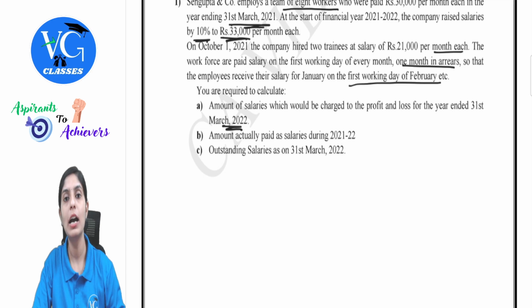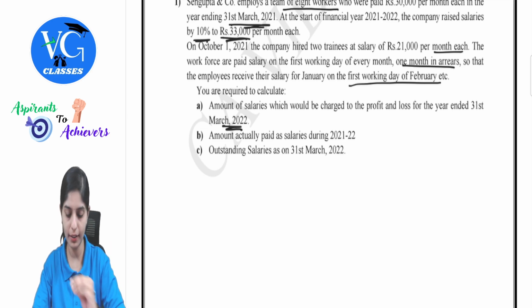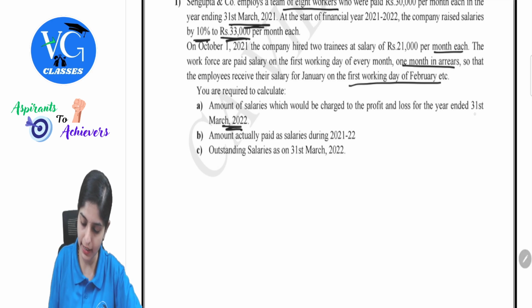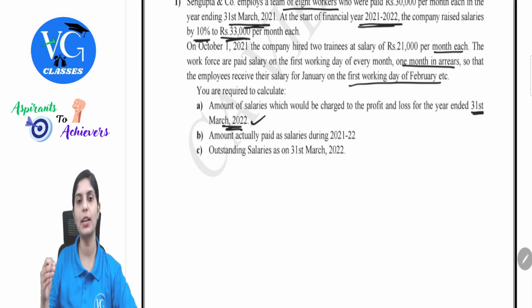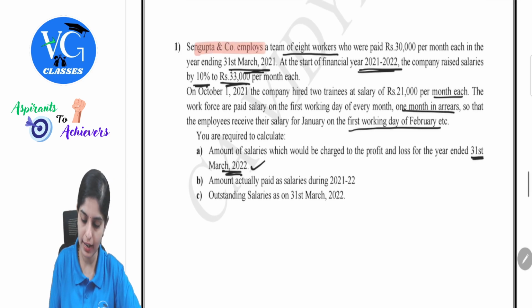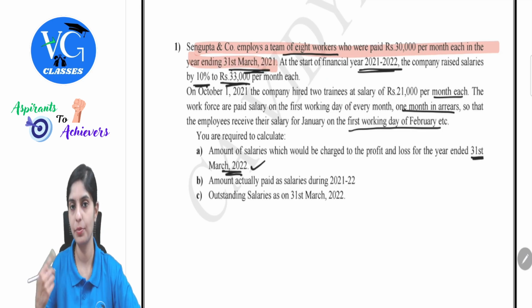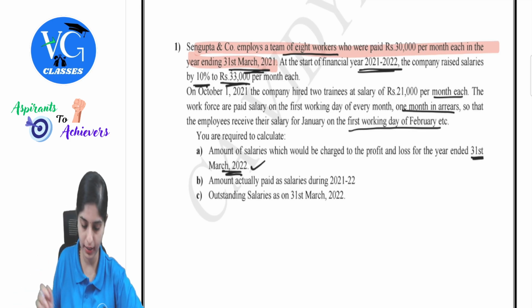So that's why we have to find out what is the amount of expense that belongs to the current year, which is ending on 31st March 2022. They have given that at the start of financial year 21-22. So if you observe, is this information relevant for us? Yes, only with respect to the number of workers. 30,000 is not at all considered for the current particular year.